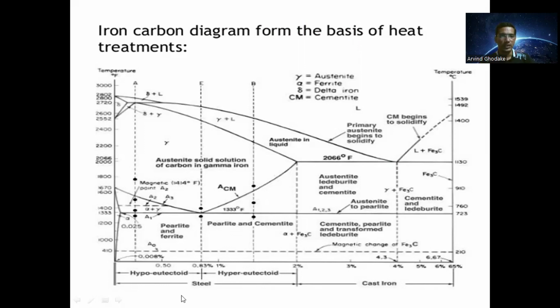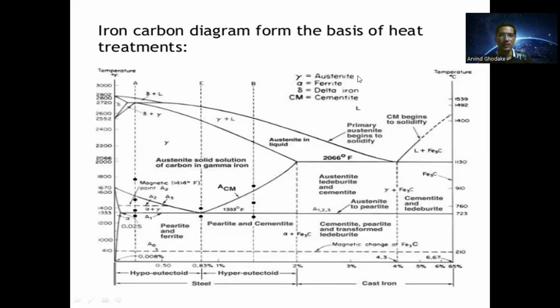Then in steel there are two types again, hypoeutectoid steel and hypereutectoid steel. Here also hypoeutectic cast iron and hypereutectic cast iron are there.